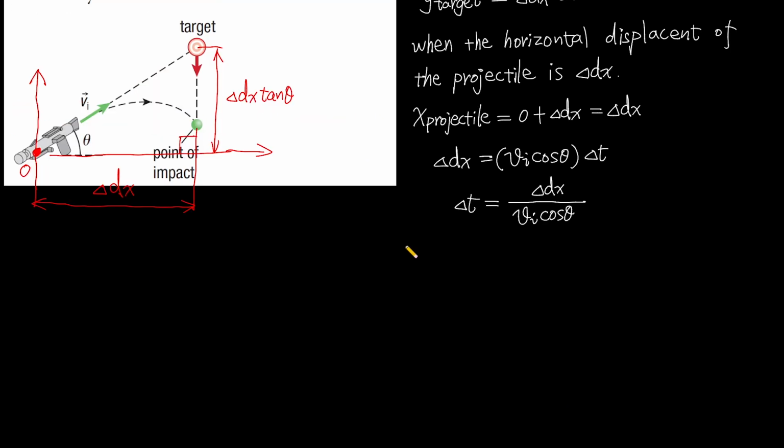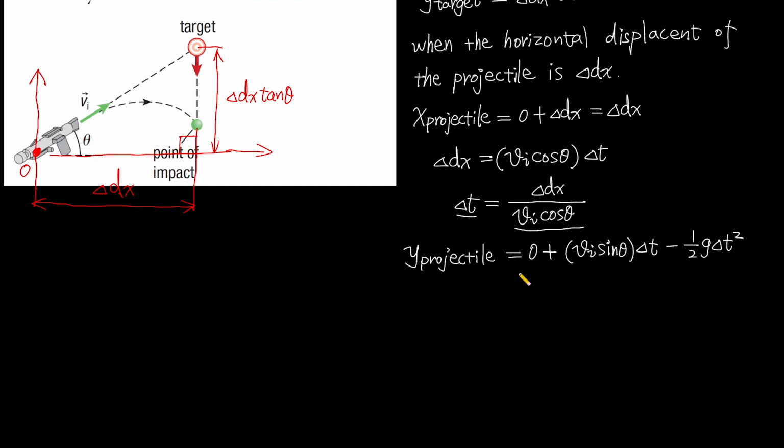Then the y-coordinate of the projectile equals its coordinate at the beginning, 0, plus the projectile's vertical displacement. Its vertical displacement is the initial velocity multiplied by sine theta multiplied by delta t, minus 1/2 multiplied by acceleration g multiplied by delta t squared. Now we replace delta t with this expression.